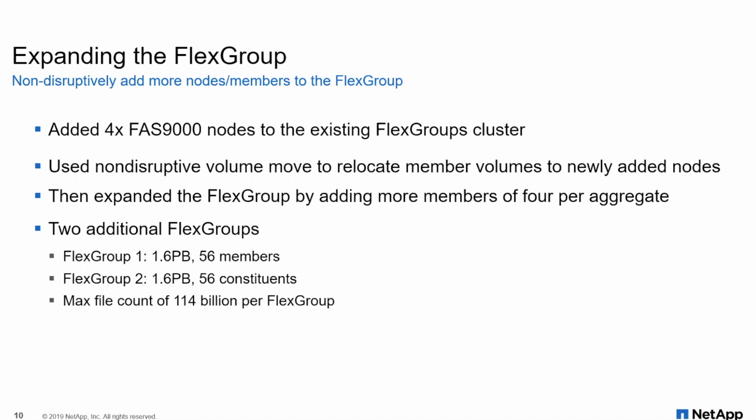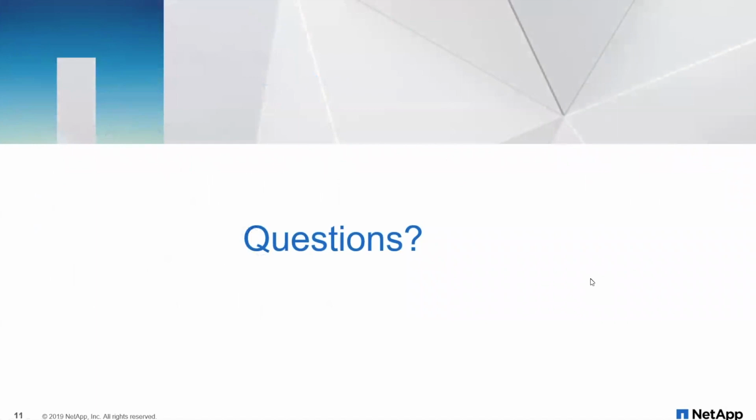In the background, the storage team adds new nodes, carves out those new aggregates, and expands the FlexGroup, and once it's done, you just figure out that, hey, we just expanded the container, and we're good to go. So that's about all I had. Let me just stop here and take some more questions.